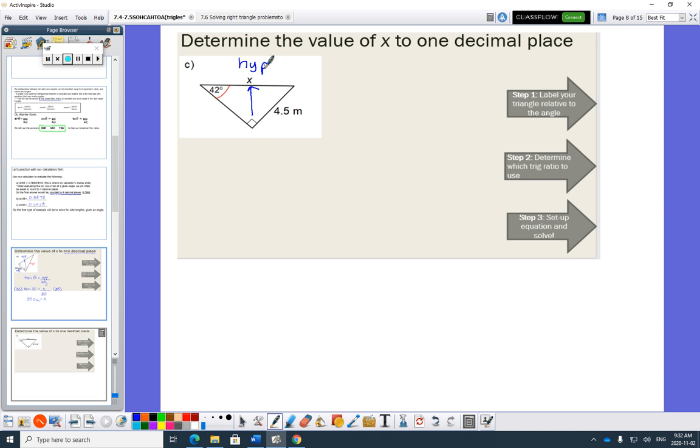So, but let's label, so here we're going to use 42. So what side is this over here? Good. Adjacent, we don't care about. So we have an angle, we have opposite, we have hypotenuse. So we're going to use sine.